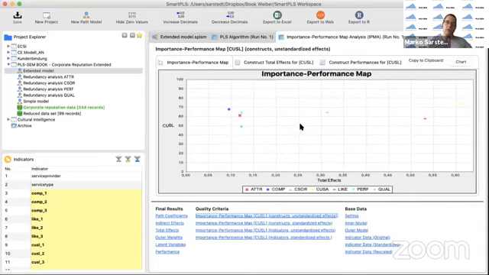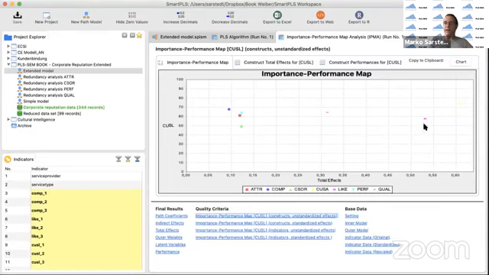Well, the third quadrant would be a case where my performance is low and it doesn't matter because it doesn't have a strong impact anyway. And there's one quadrant over here where my performance is actually pretty high, but these constructs do not really matter for explaining my target construct. So you can kind of set up a 4-quadrant scheme and derive recommendations based on where these constructs are.